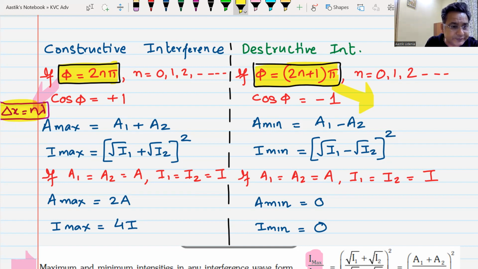Yes, 2n plus 1 by 2 lambda, sir. Think again. Try again. Something I think is missing. 2n plus 1. 2n plus 1 by 2. Or what?